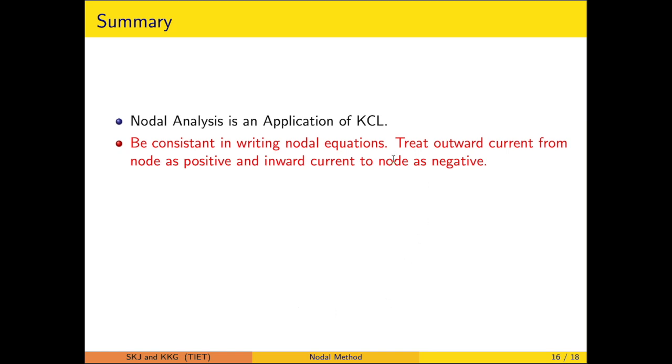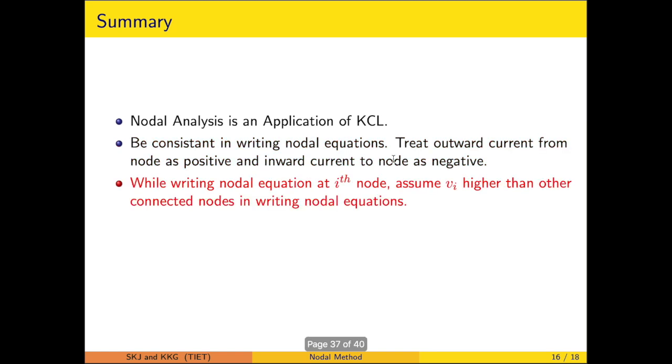This is consistent with Ohm's law, which suggests that current flows from higher potential to lower potential. While writing the nodal equation at the ith node, assume Vi is higher than the other connected nodes. In that way, the outward current convention will be taken care of. This is a temporary assumption. However, when you are writing for the Vj node, you have to reverse this, so that Vj is treated as higher than the others.